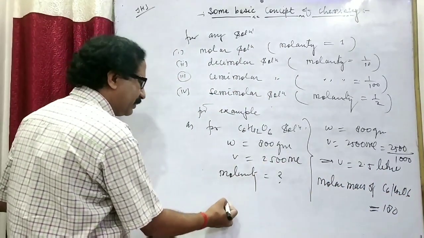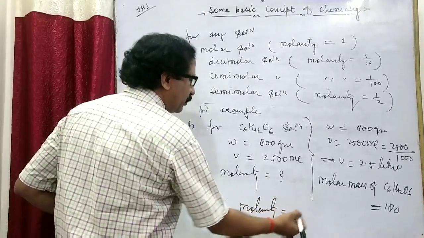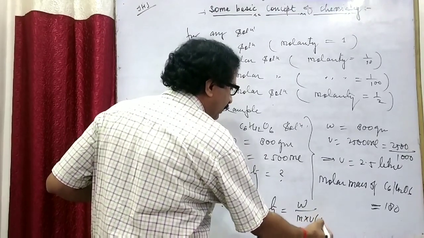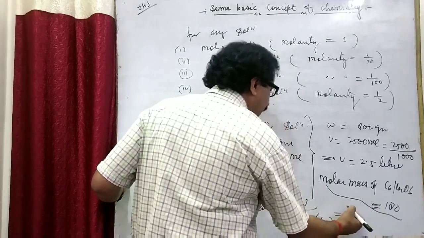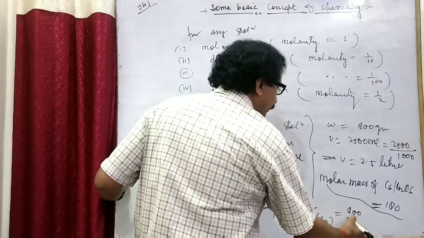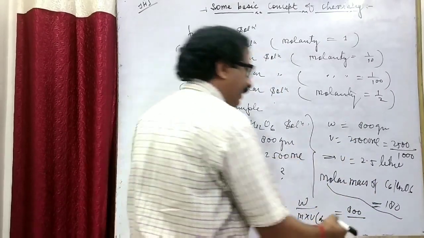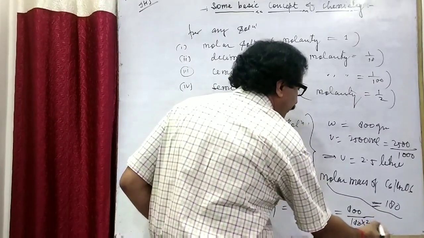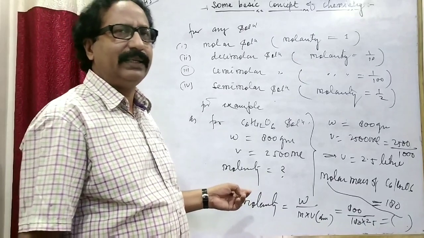Now you can find out its molarity. Therefore, molarity is equal to W upon M times V in liter. Here the weight W is given 800, molar mass 180 and volume in liter 2.5, and hence you can calculate the solution, right?